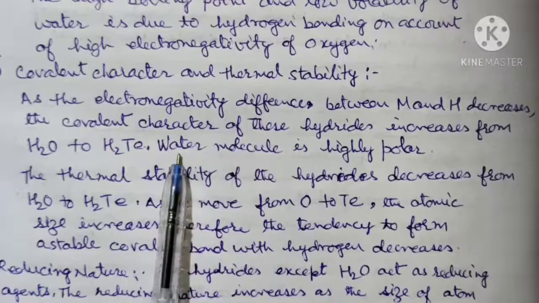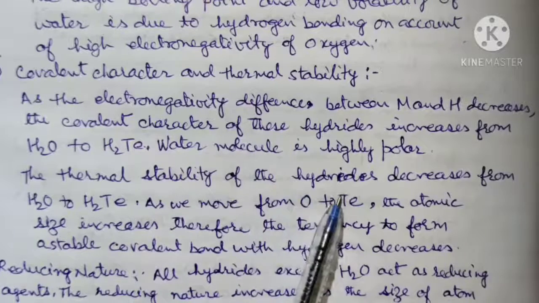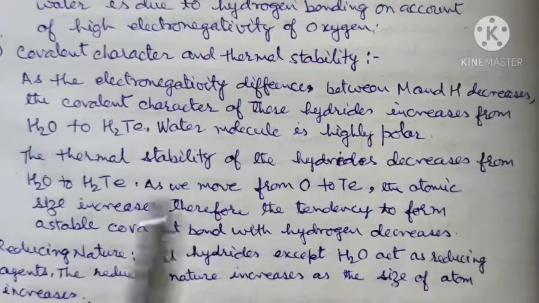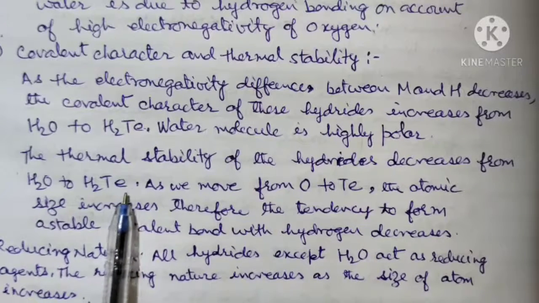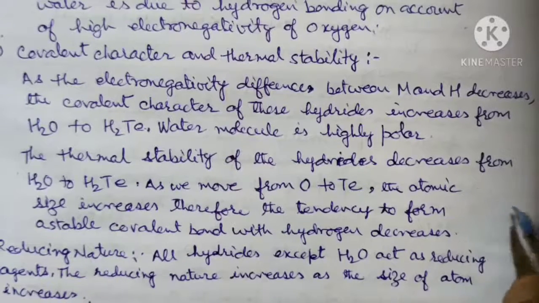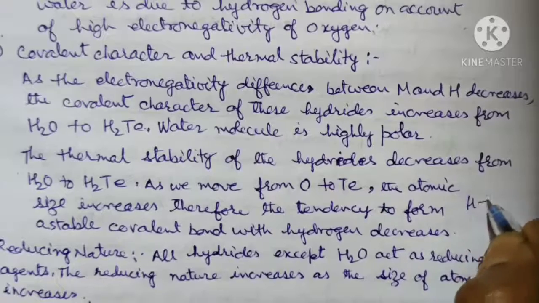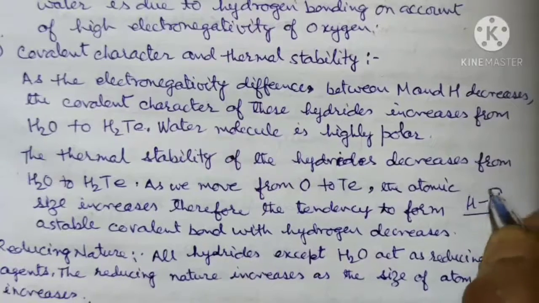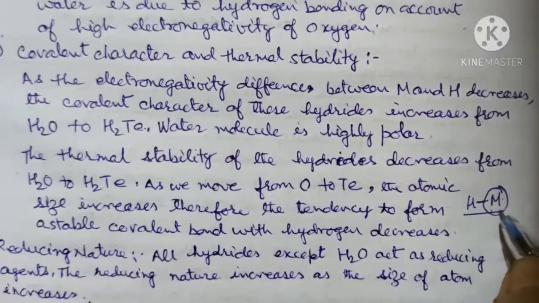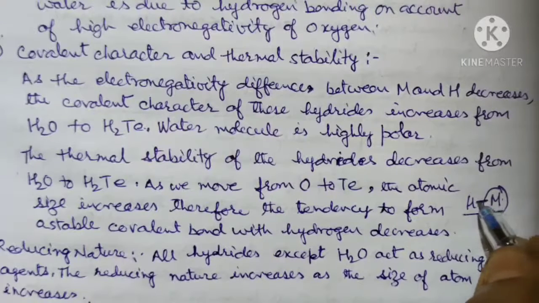Now we can also explain the thermal stability of these hydrides. The thermal stability of these hydrides decreases from H2O to H2Te. This is due to the increase in the bond length, the H-M bond, where M is the element of the 16th group. Due to the increase in the atomic size of the element, the bond length increases and the bond dissociation energy decreases.